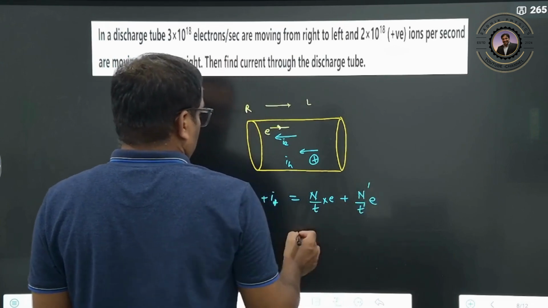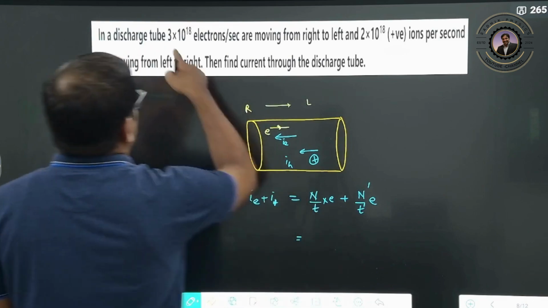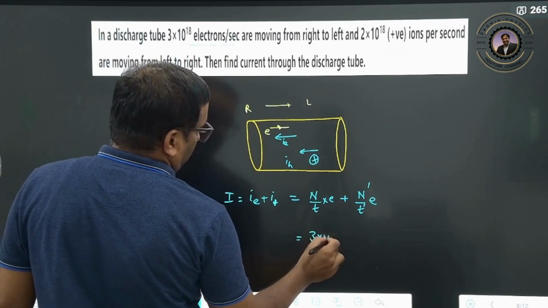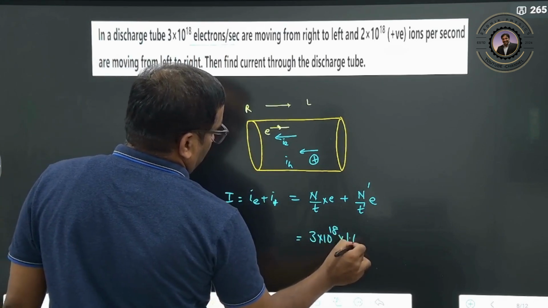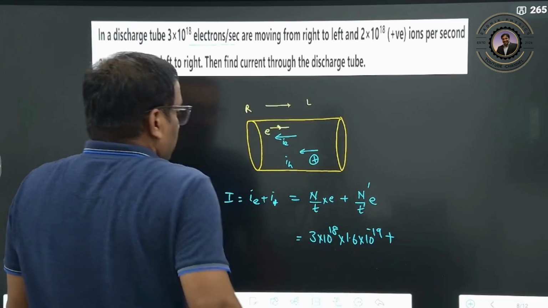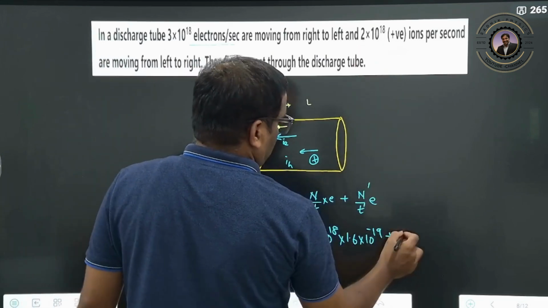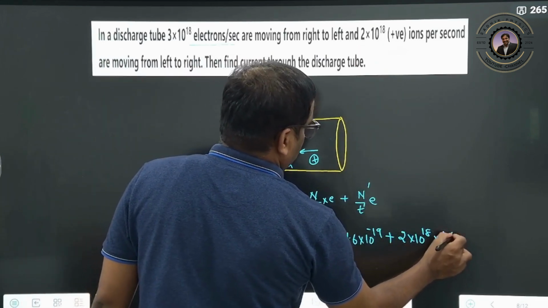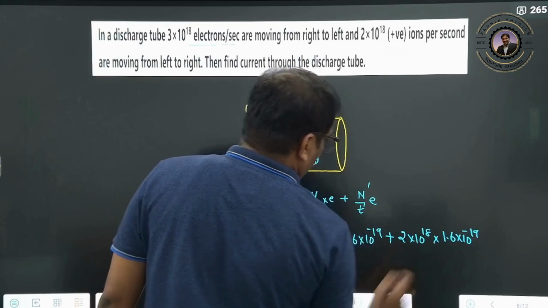The number of electrons per second is 3 into 10 to the power of 18 into the charge of the electron 1.6 into 10 to the power of minus 19, plus 2 into 10 to the power of 18 into 1.6 into 10 to the power of minus 19.